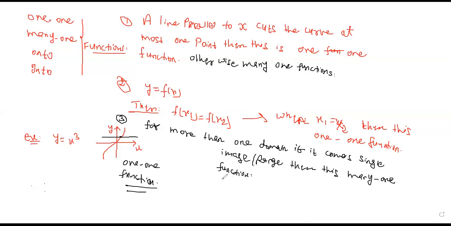For example, if you take f(x) equal to x square, then if you take x is equal to -1 or x is equal to 1, then its value will be x square, 1. So for more than one domain it is the single image.